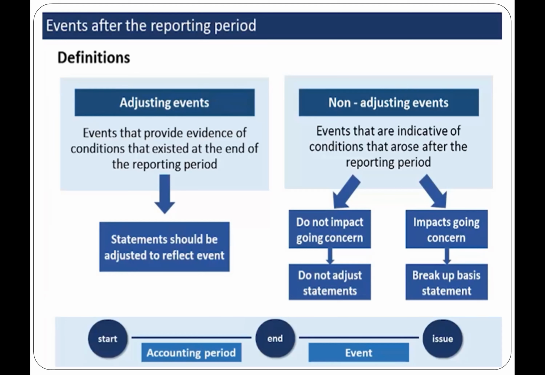Even though we came to know about it after the year ended, we will need to go back and change the figure, because these events are talking about things that happened before the year ended. That's why we are calling them adjusting events. It means we should go back to the financial statements and change the amounts that are affected by the event that came to light.